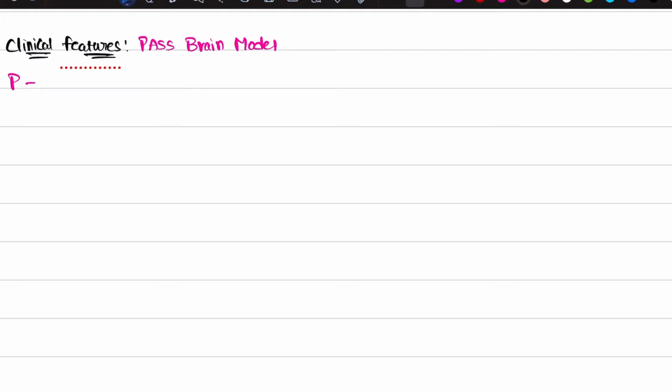In this P, let's see what it is. SLE causes photosensitivity, which means whenever a person is exposed to sunlight, there will be rashes on the skin. This is photosensitivity.